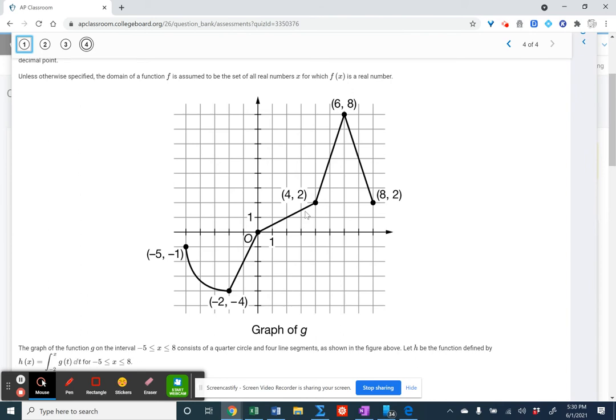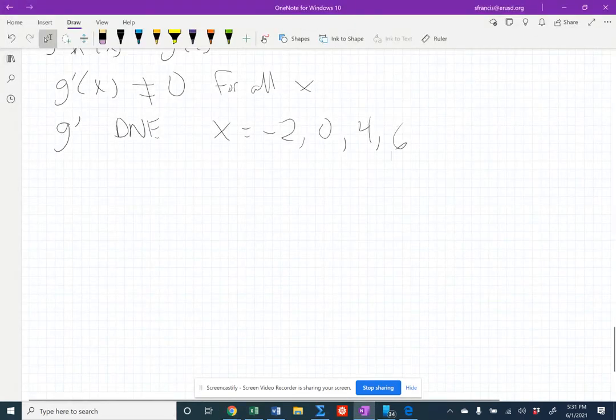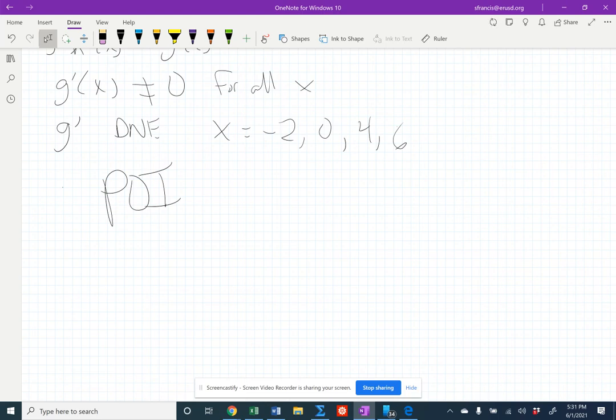No good. And then same thing around 4. G double prime is positive and positive. I'm sorry, H double prime. H double prime is positive and positive around those. And at 6, there's a point of inflection. So oh no, my computer's starting to get slow because I keep running all day. Points of inflection at x equals -2 and 6.